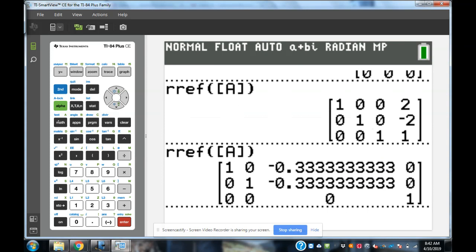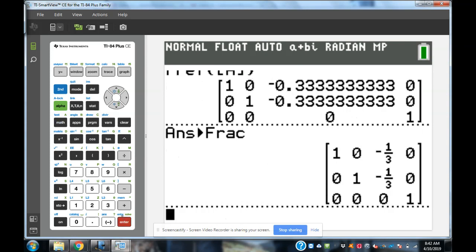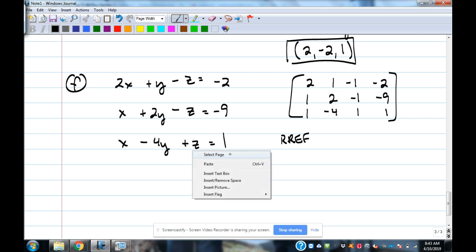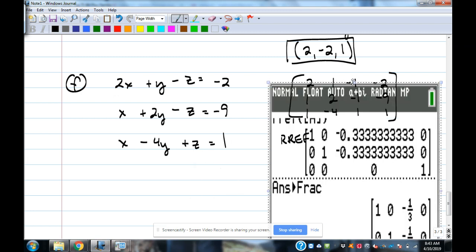And I'm going to hit math, enter, so I get fractions on that. Just like I thought, 0.3 repeating was 1/3. So that's good news. But what's going on with this one? No solution. Yikes.